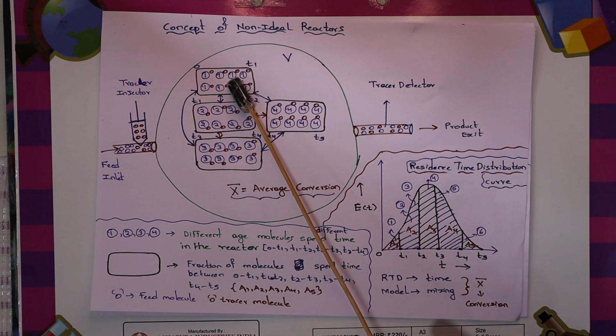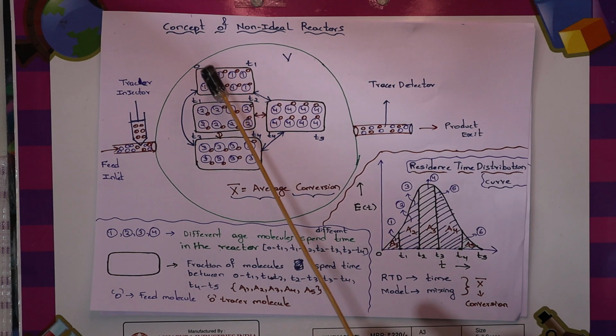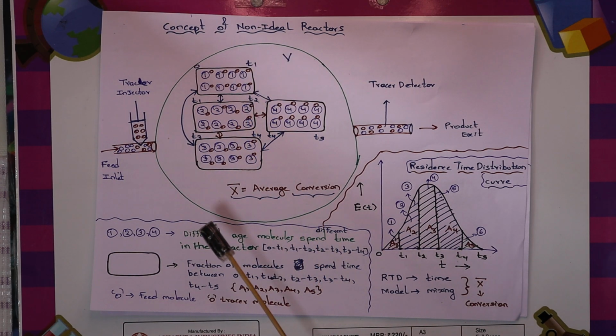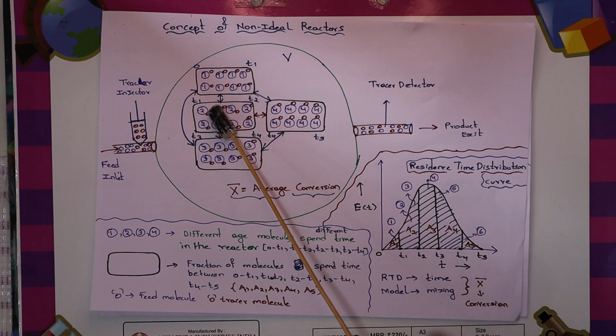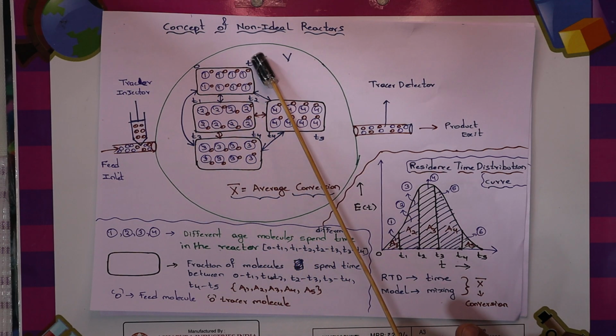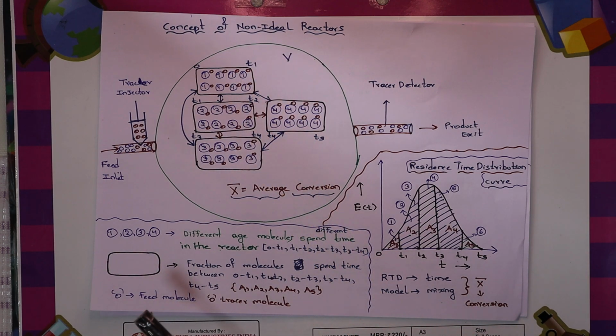The conversion from the batch reactor of age 2 can be estimated from the batch reactor equation between the time T1 and T2. Similarly, different fractions of molecules can be segregated in terms of batches. Every batch spending a different amount of time has a different amount of conversion.